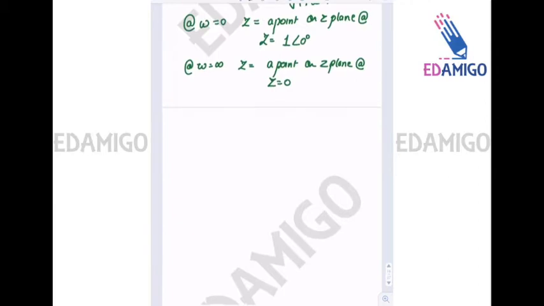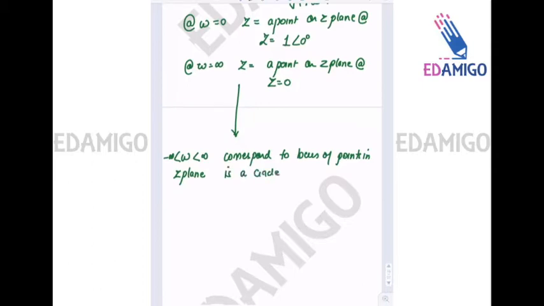So if you see the mapping, omega varying from minus infinity to infinity corresponds to a locus of points in the Z plane that is a circle with radius 1 upon 2 and center z equals 1 upon 2, as shown below.